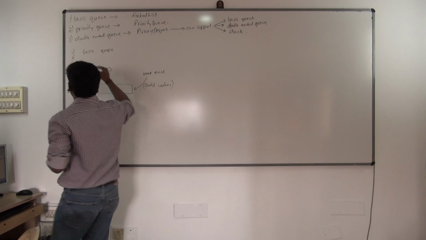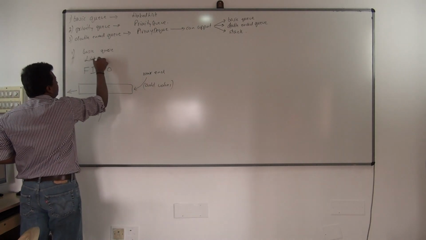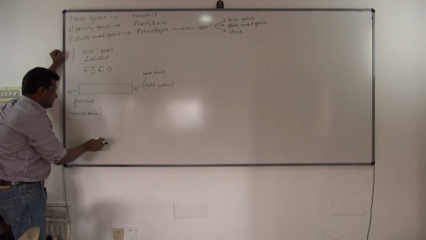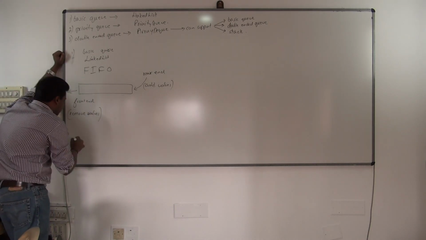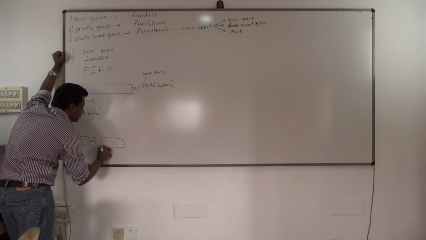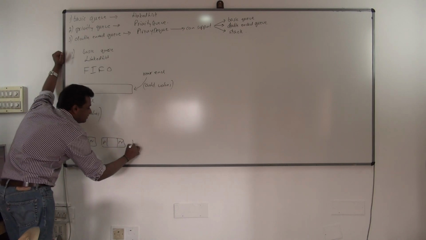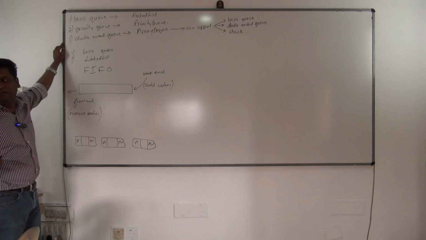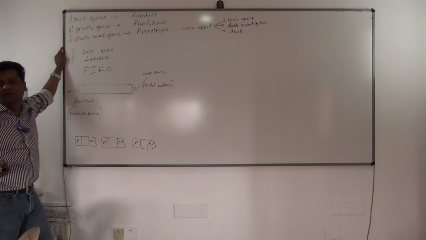And in Java, we take the help of the LinkedList class to get the support of this. Even though we represent it like this, we have something called previous and next. This is a linked list. We use some methods of the linked list and use that linked list as a queue.